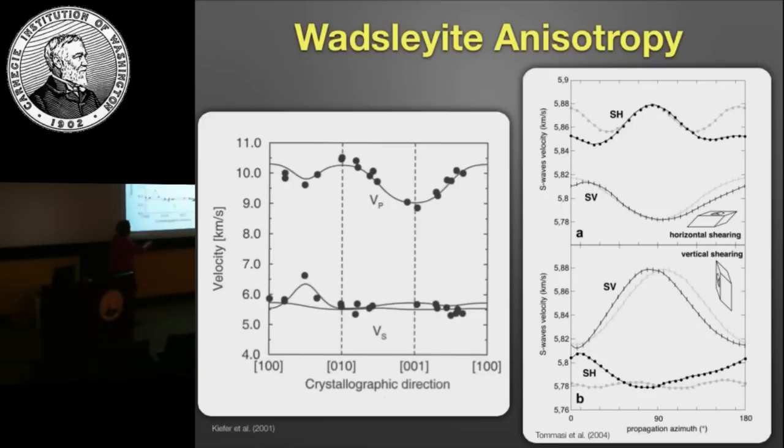There are single crystal measurements of anisotropy in Ringwoodite and in Wadsleyite. And Tomasi and I in 2004 also calculated an aggregate, a polycrystal of Wadsleyite, and showed that even if we put lots of crystals together, we still do get about 1% of anisotropy. So that's compatible with the type of value we got in the model.